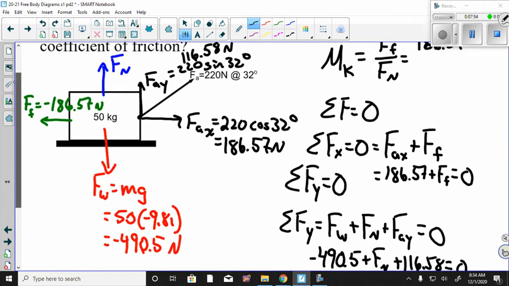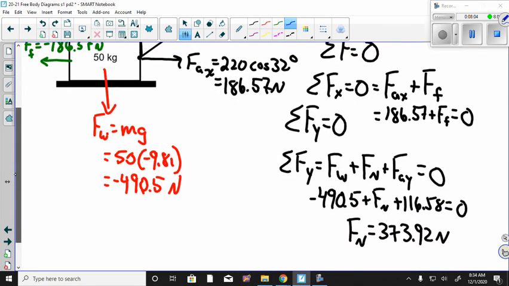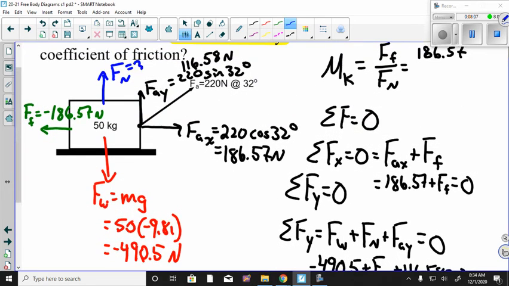So my normal force, again, I like to be complete and make sure I get all the forces onto my free body diagram as well. 373.92 newtons, which will give me the second part of my coefficient of friction, 373.92. Again, I didn't add the negative for the friction because that's the direction.